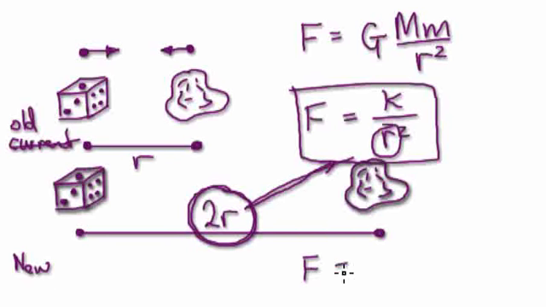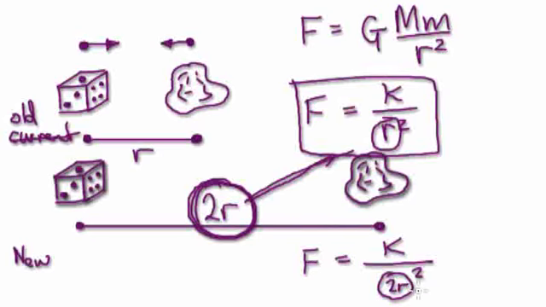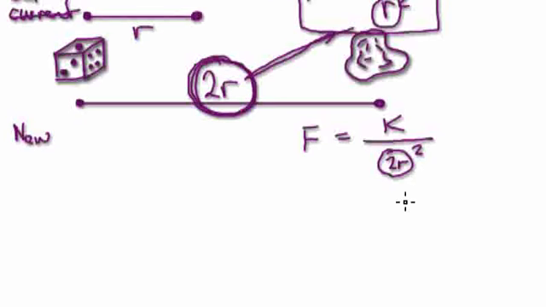So look at this here. F equals a number that we don't care about over, now so here you've got r, and then you've got to square it. Now our distance is 2r, so we're going to put 2r into here. Now let's just work out this bit here, this bubble at the bottom.